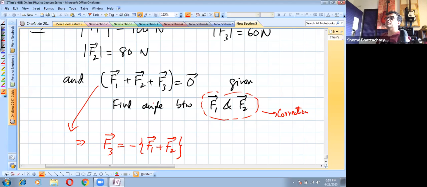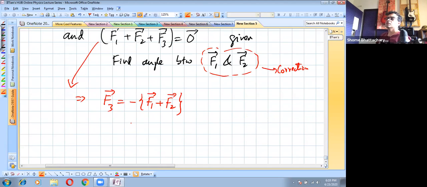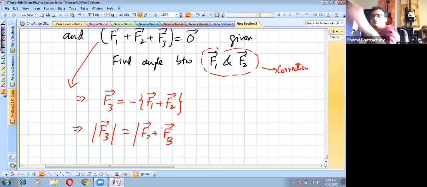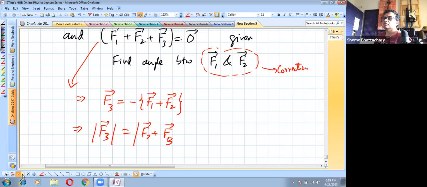If I say a plus b plus c is 0, that means c is minus of a plus b. So that means vector wise also the vector F3 is negative of the resultant of F1 and F2, which means that the magnitude of F3 will be equal to the magnitude of F1 plus F2. Just a minute, I'll just make a correction here.